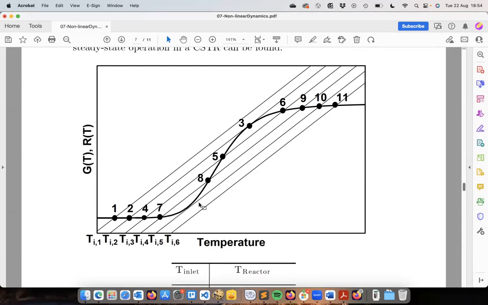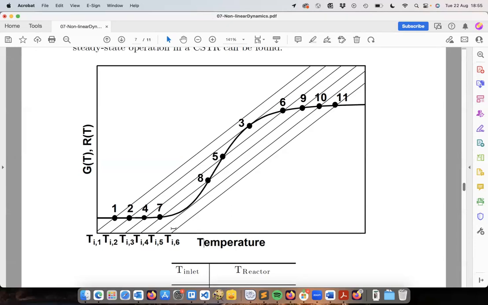So thermal energy is increasing as chemical potential energy goes down and thermal energy goes up. Basically, it means the temperature will tend to go up. So wherever this G line is above the R line, we are going to increase in temperature. So here at TI6, we can see the G line is greater than the R line. So this means in this region, the temperature is going to rise.